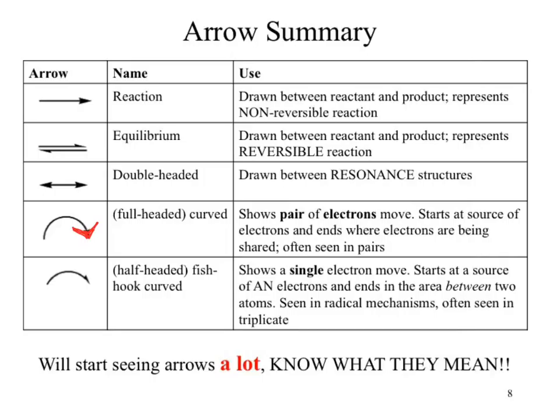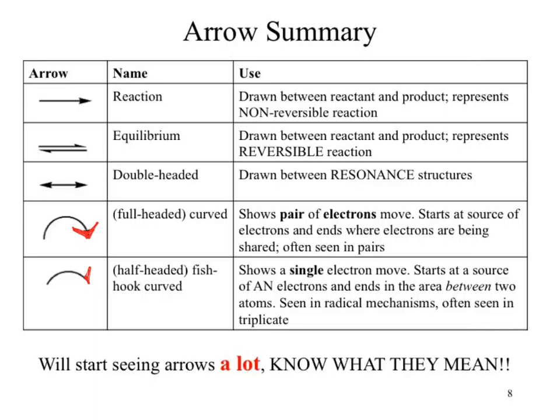I would have to change my arrow, though, because the arrow on its own shows 2 electrons. So what I'll do is shift it to a half arrow, or a fishhook. These are going to be used throughout the rest of this semester and next semester. You need to know what they mean. You need to be able to use them.